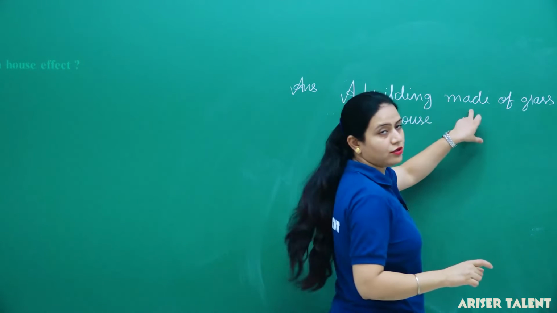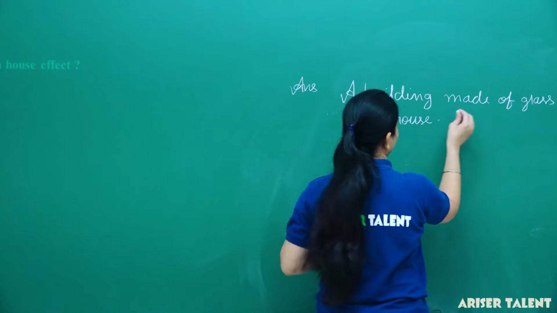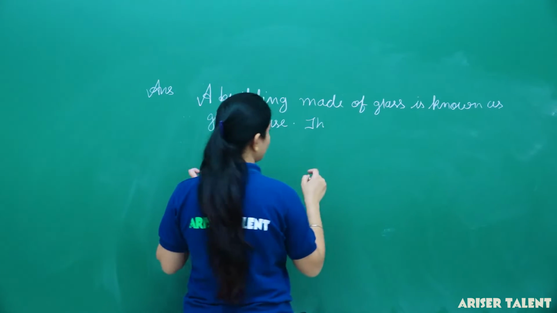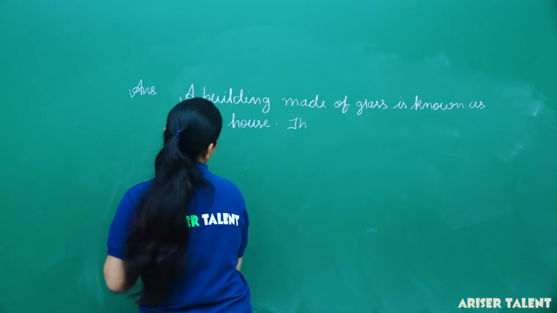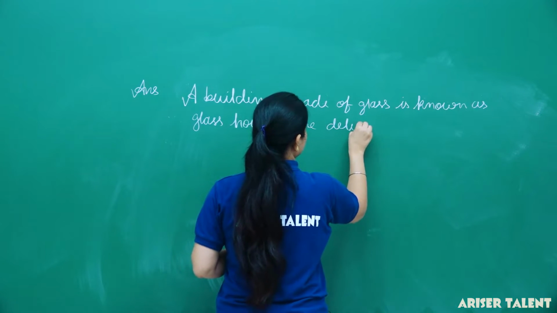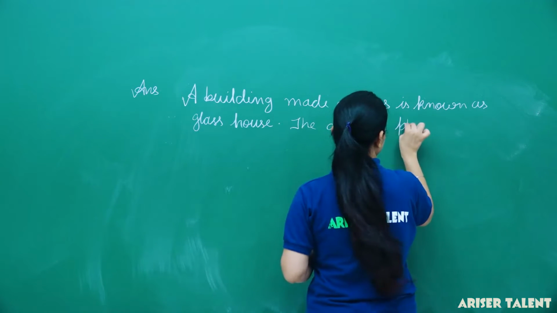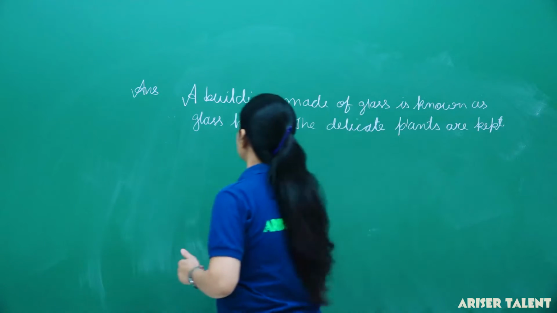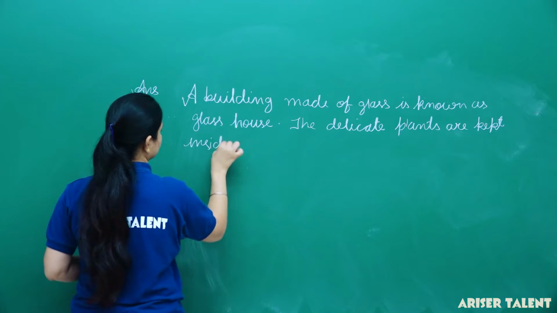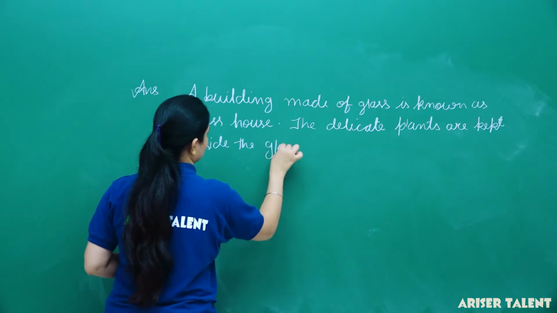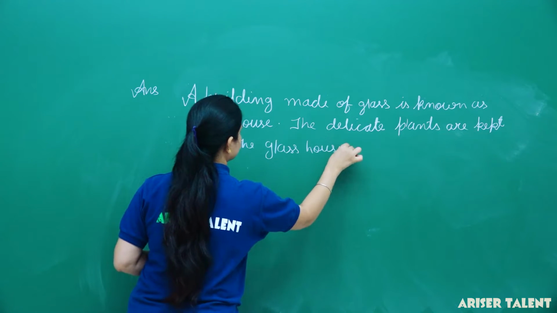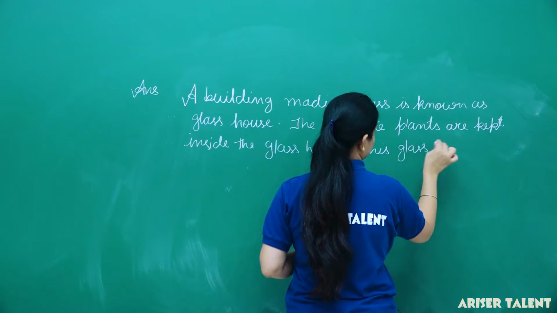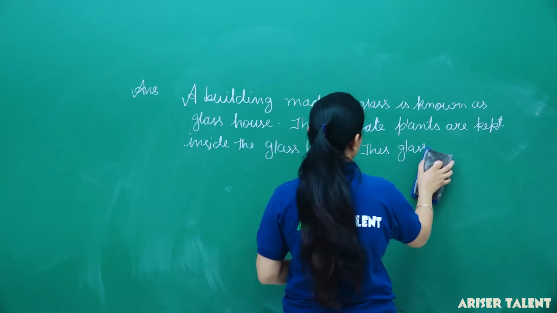Okay, a building made of glass is known as a glass house. And what happens? In which what are kept? Delicate plants are kept inside the glass house.